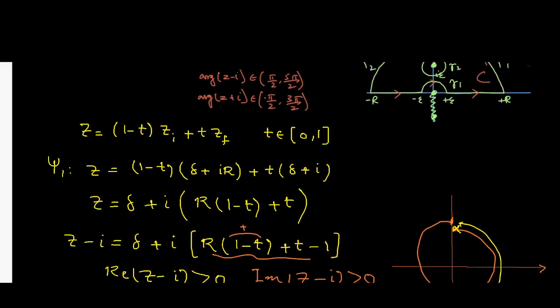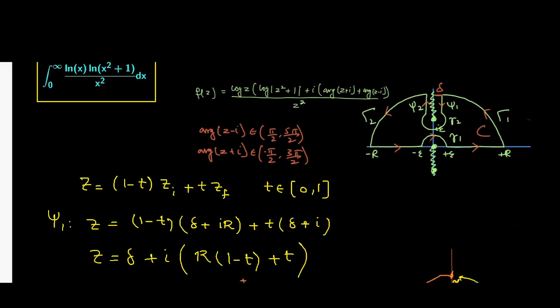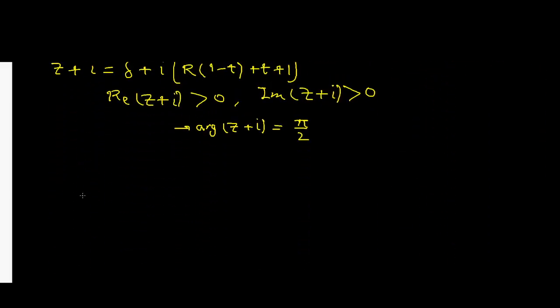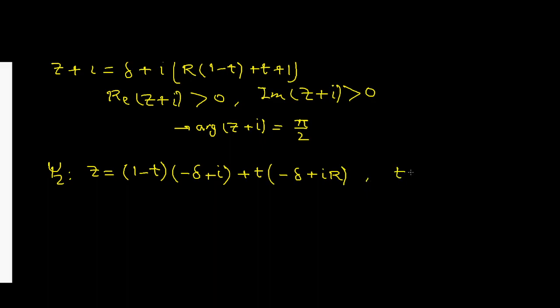We can do a similar thing for path psi2. On psi2, the initial point is negative delta plus I, and the final point is negative delta plus I times R. So for psi2, we can write the parametric equation as 1 minus t times the initial point, which is negative delta plus I, plus t times the final point, which is negative delta plus I times R, where again t goes from 0 to 1.